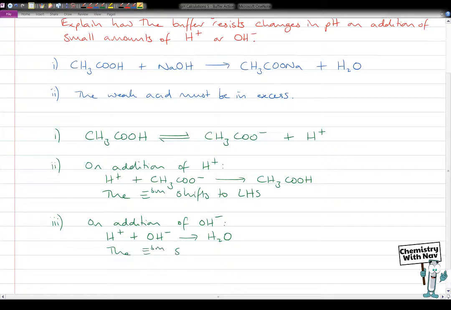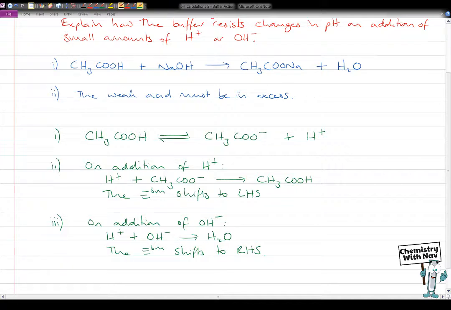So the equilibrium shifts to the right hand side. So I can take some of the H+ from the equilibrium, I can react it with the OH- that was added, that combines to make water. So the OH- is used, and therefore the pH doesn't change, but some of the H+ is also taken, but that will be replenished by the equilibrium.